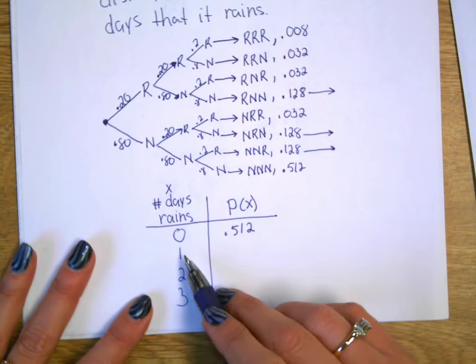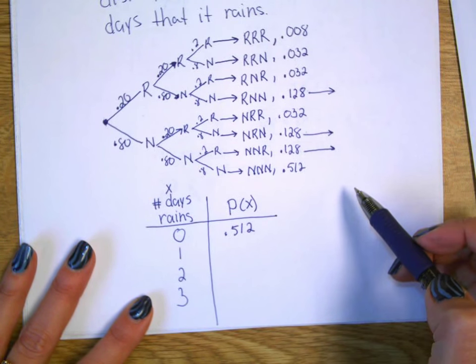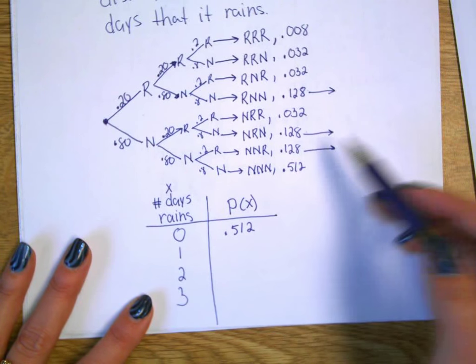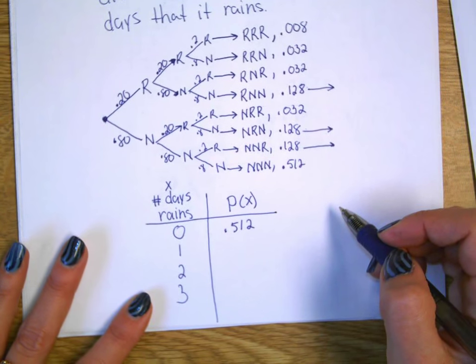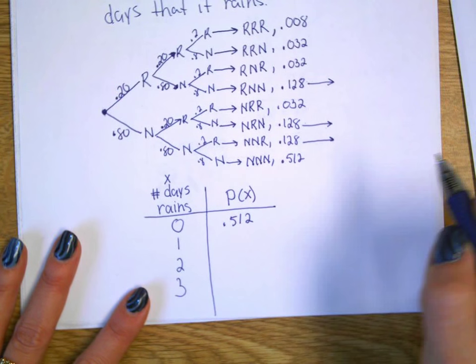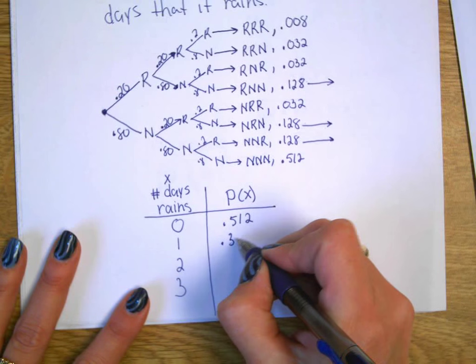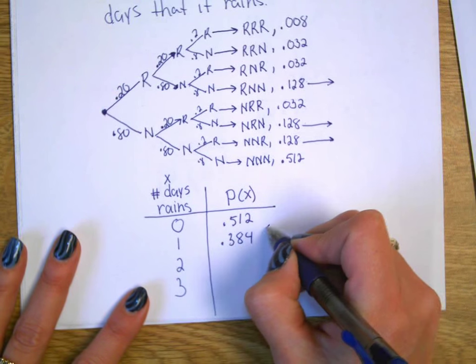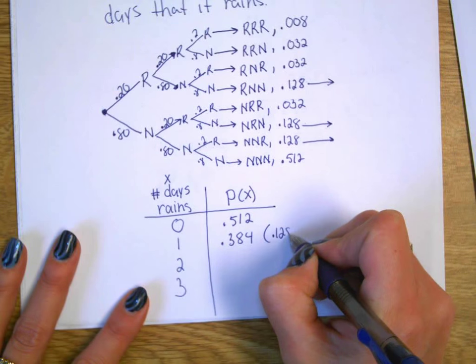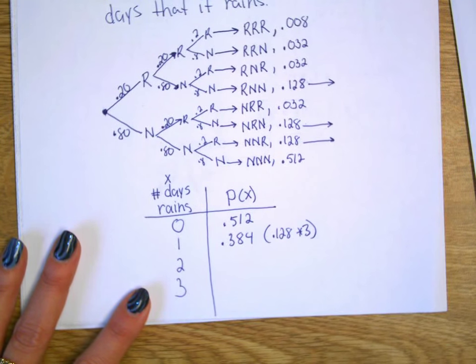So what I need to do to get the probability that it rains on one day is add those three things together. So it's 0.128 times 3, essentially. What's 0.128 times 3? 0.384. It's 0.128 multiplied by the 3 options that it came up.